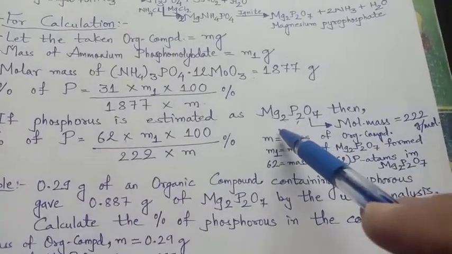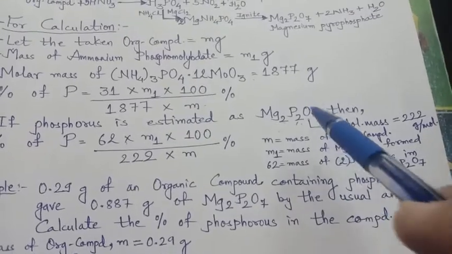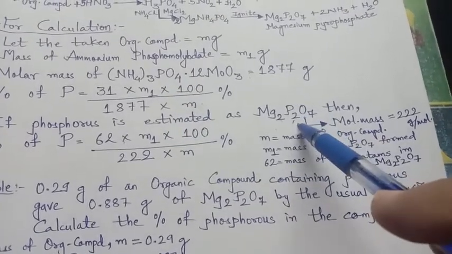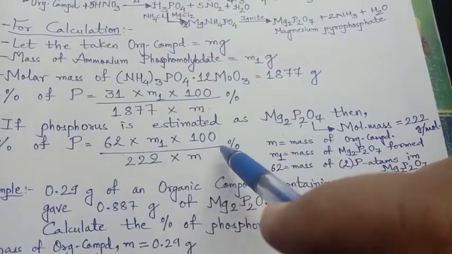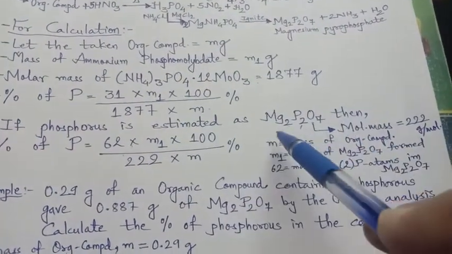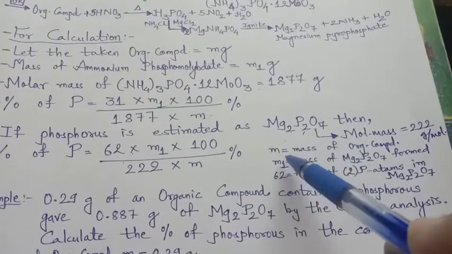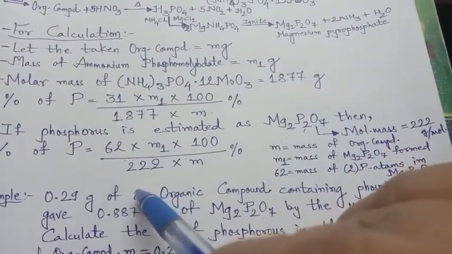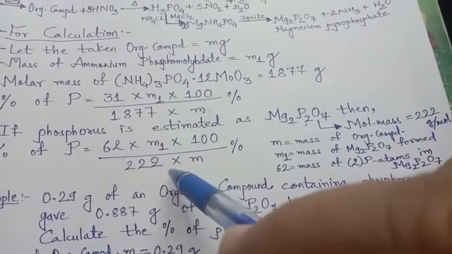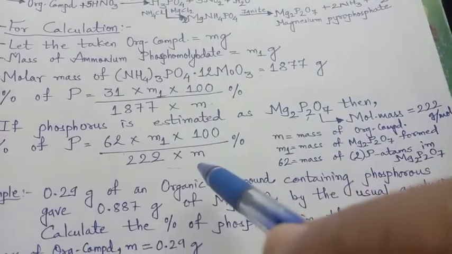It is magnesium pyrophosphate and it contains 2 phosphorus, so 2 into 31 will be 62, and 1 into 100 upon the molecular mass, as this is a smaller unit, Mg2P2O7, so the molecular mass here is taken as 222 into m.